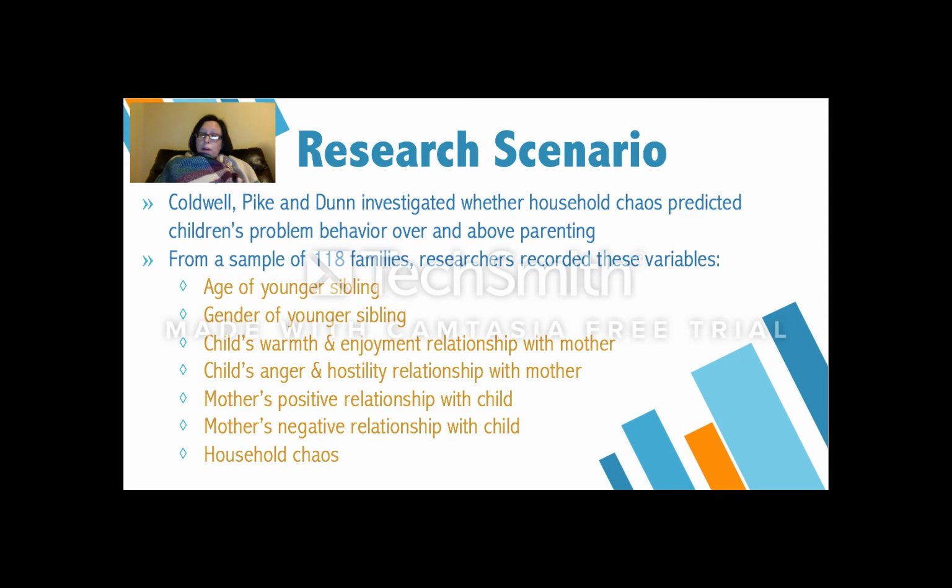From a sample of 118 families, the researchers used a number of instruments to record these variables in the SPSS file: the age of the younger sibling, the gender, the child's warmth and enjoyment relationship with his or her mother, their anger and hostility relationship with the mother, the mother's positive relationship with the child, the mother's negative relationship with the child, and household chaos.